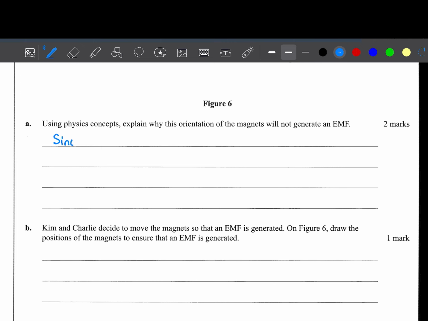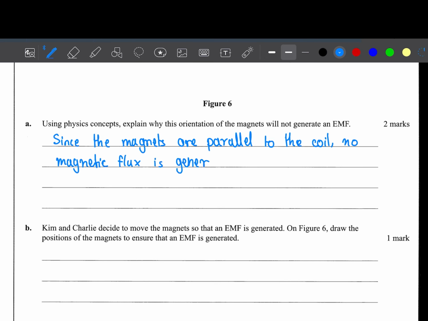Well, since the magnets are parallel to the coil, no magnetic flux is generated, and hence no EMF is induced.